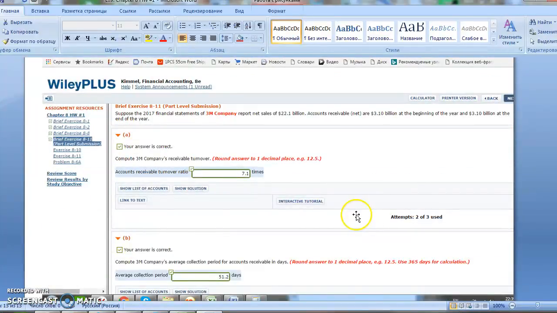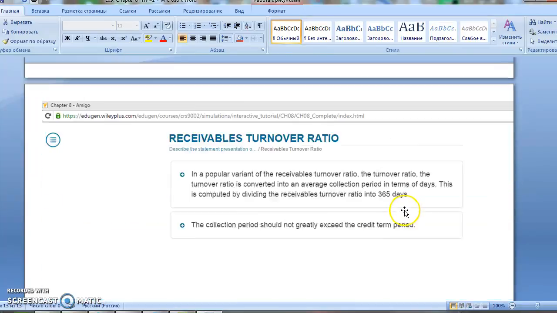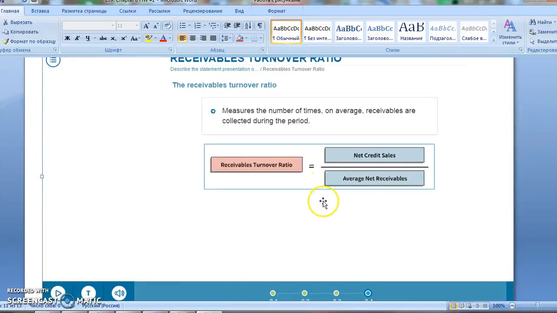First we need to determine the average net receivables as the sum of the beginning net accounts receivable and ending net accounts receivable divided over 2.